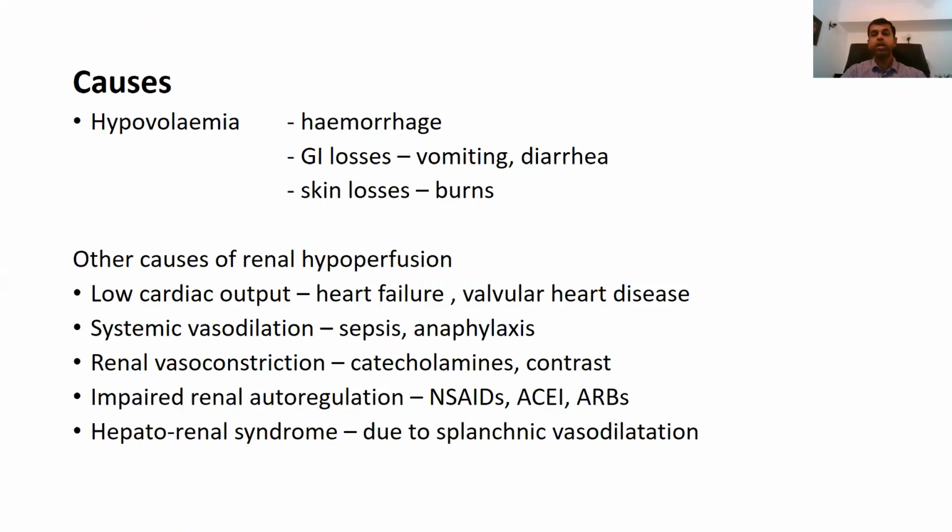All these are causes of pre-renal acute kidney injury, where the body's compensatory mechanisms, which I mentioned, result in oliguria.